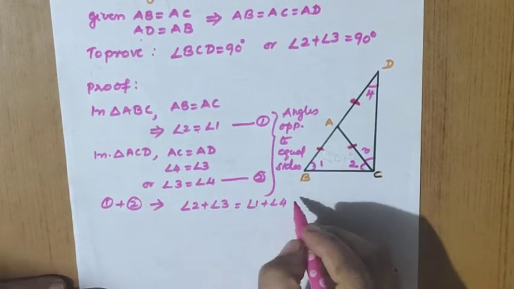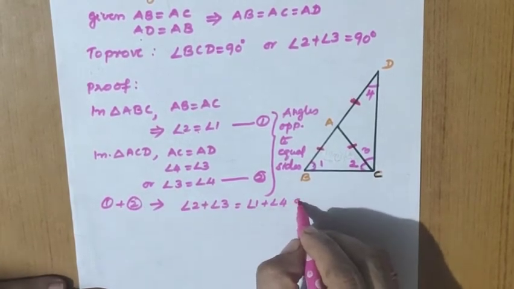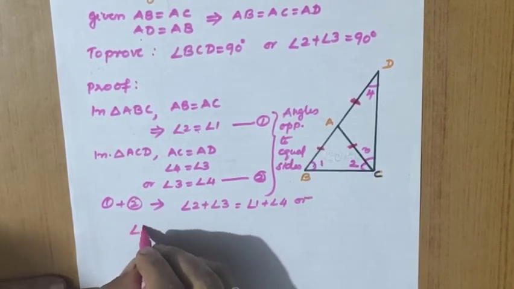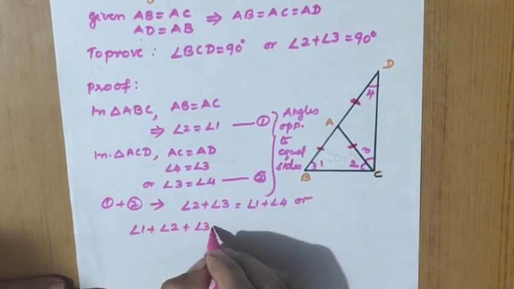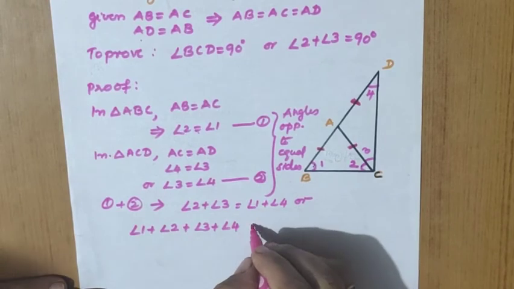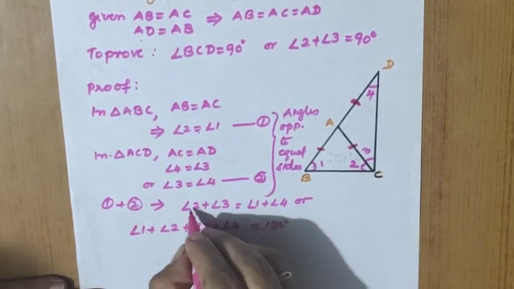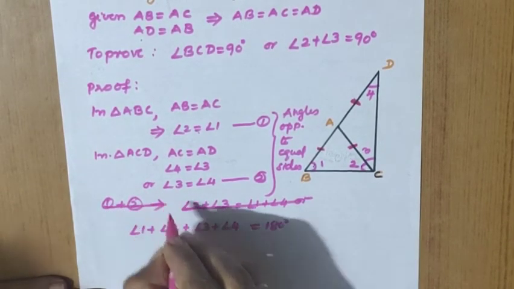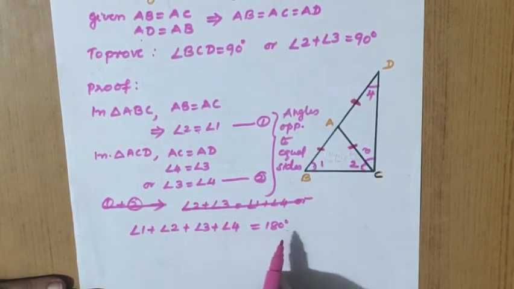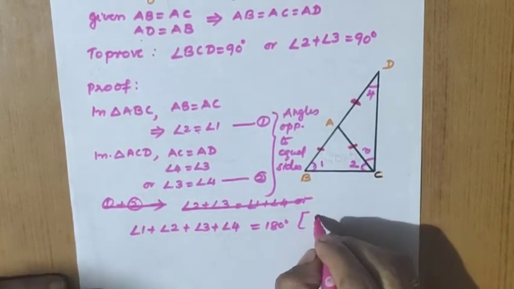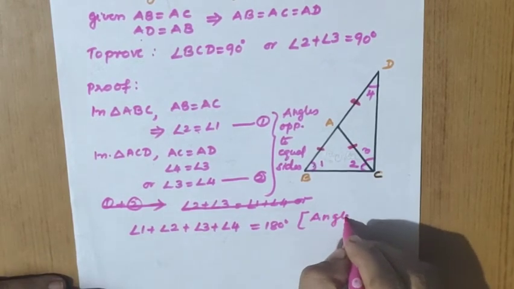Or we can write that angle 1 plus angle 2 plus angle 3 plus angle 4 equal to 180 degree. This is the easiest way. So angle sum property.